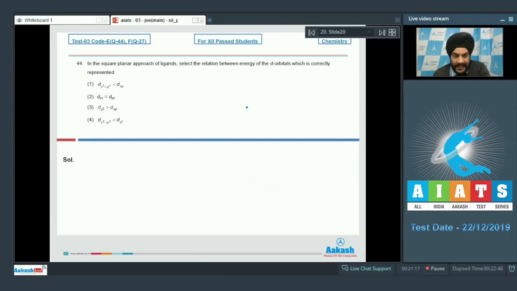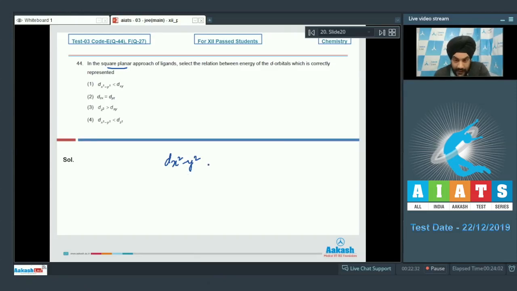Question number 44. In the square planar approach of ligands, select the relation between energy of the d orbitals which is correctly represented. So if you talk about this square planar approach of ligands, students, the dx square minus y square orbitals are directly facing the incoming ligands. So these will be repelled to the greatest extent, and as a result, the energy of dx square minus y square has to be the greatest.